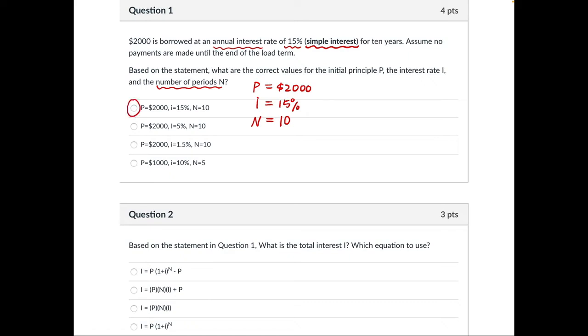Based on this statement in question 1, what is the total interest I? Which equation to use? Okay, so this is very easy. The simple interest formula for I is P, n, and i. So that's going to be this one. I think there is a typo in the options.